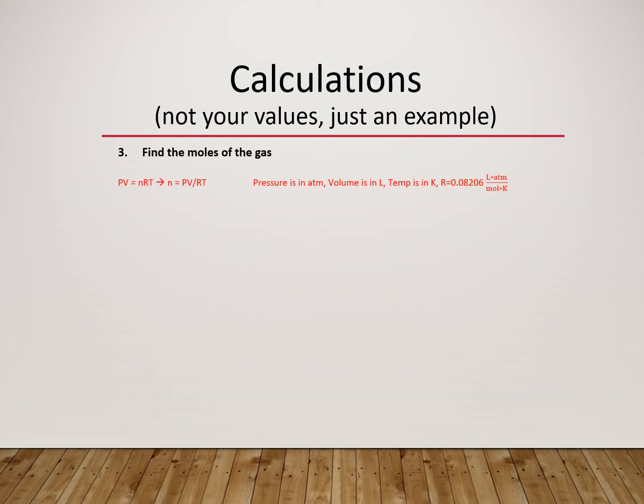Moving on, we can then find the moles of the gas in our sample after we've heated it by rearranging the gas equation like I showed previously. So we're going to make sure to pay attention to the units here with all of our variables.